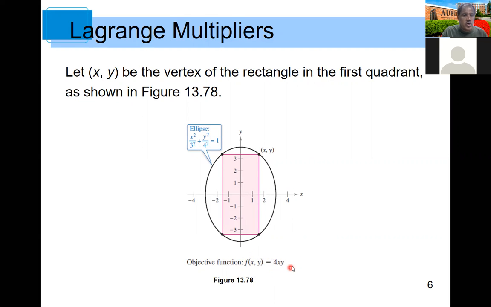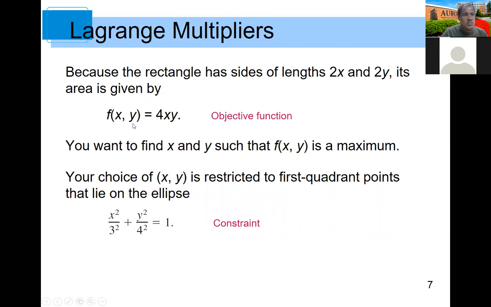This function, f of x, y equals 4xy, is called the objective function. Our objective is to maximize this function, to find x and y which make this function maximum. That's our objective.